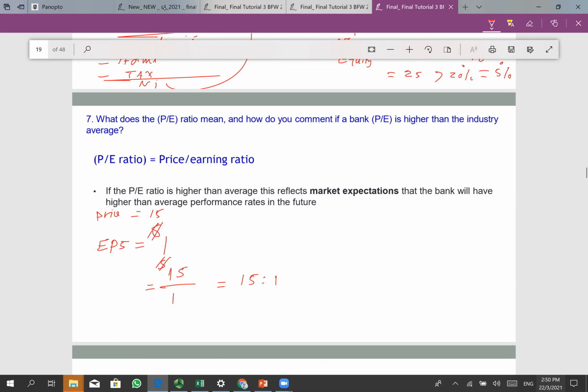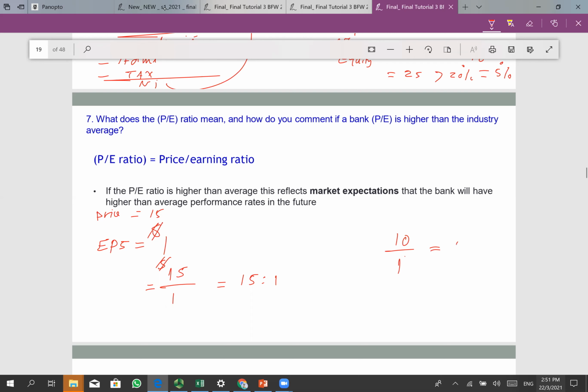You go to the industry, which is the same thing like you, and you find, for example, the average price of the shares is 10, and they are paying the same earning per share of 1.